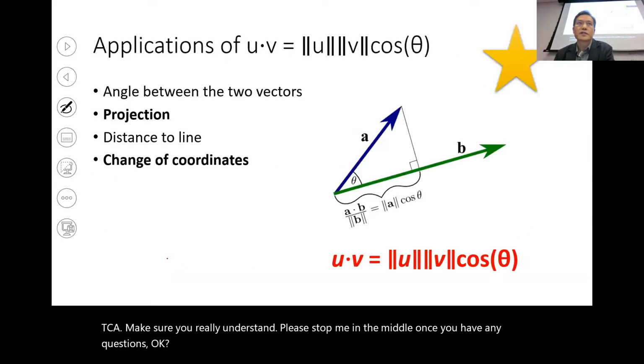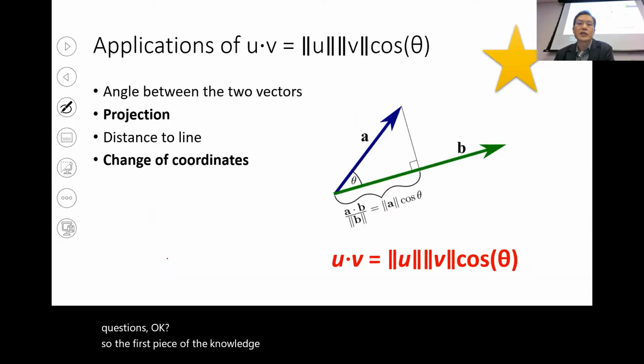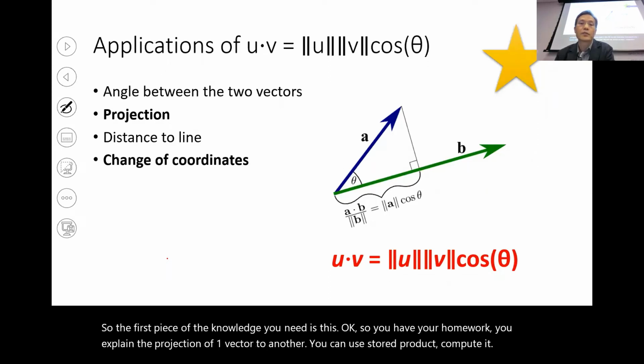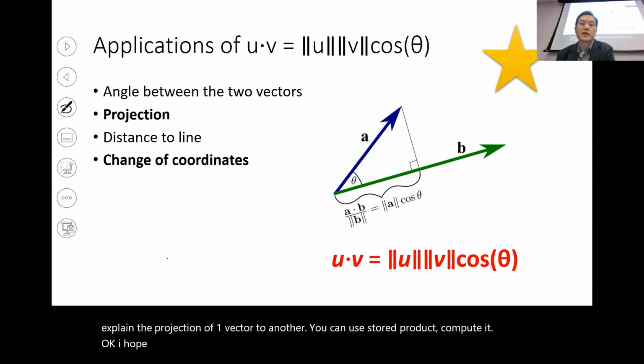So the first piece of knowledge you need is this, okay? You had your homework, where you explained the projection of one vector onto another. You can use the dot product to compute it. Okay, I hope everybody understands this now.